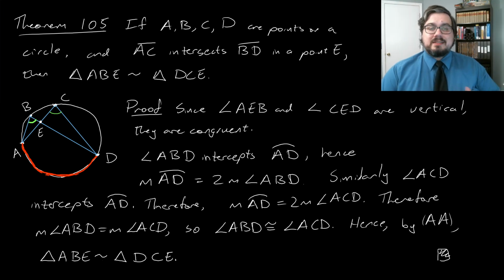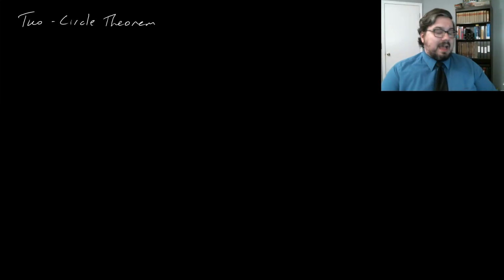Our last section for this video is called the Two Circle Theorem. Now, the Two Circle Theorem is one that tells us how two circles can intersect one another. Before we do that, we actually need a theorem on triangles.